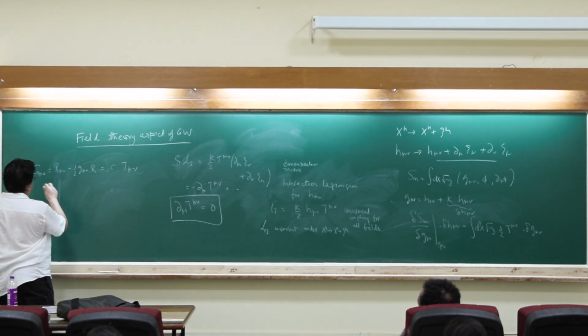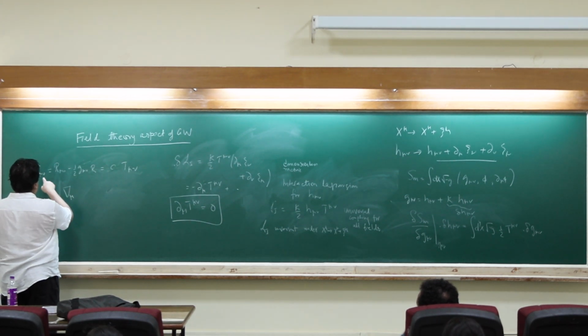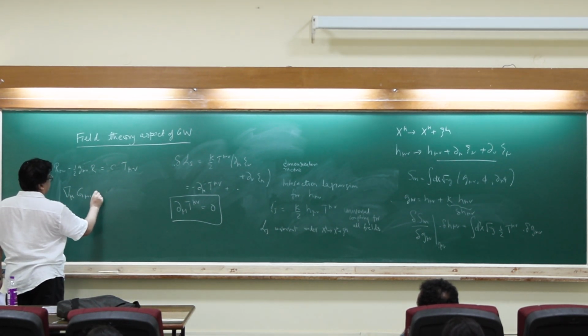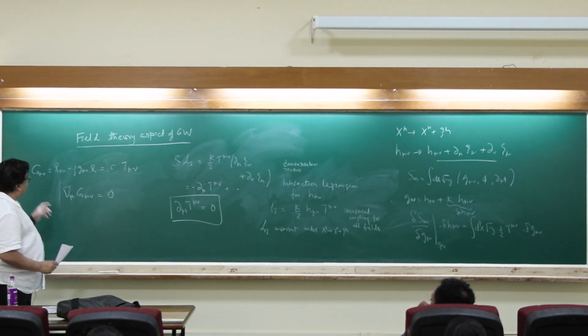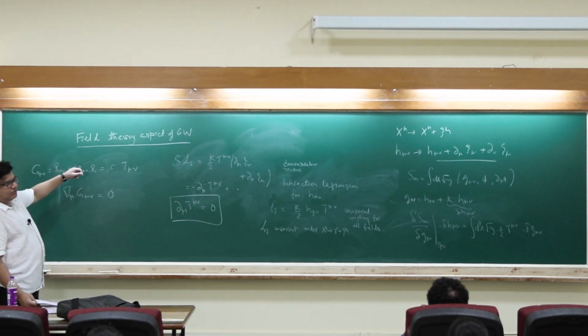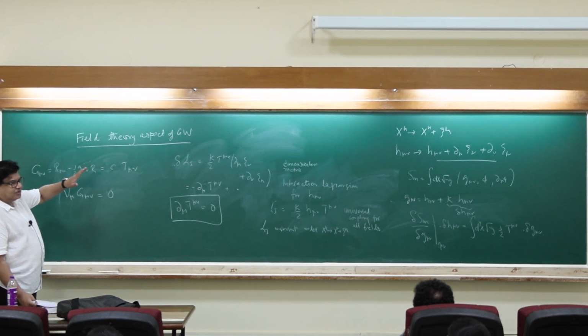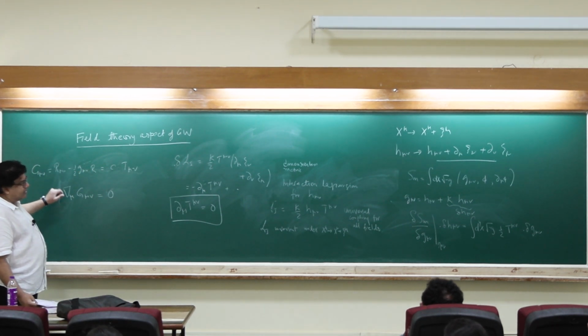And if you operate a covariant derivative on G mu nu and you write out all the terms, expand all the terms with the Christoffel connections, they'll all cancel. So it's an algebraic identity, which gives you 0.